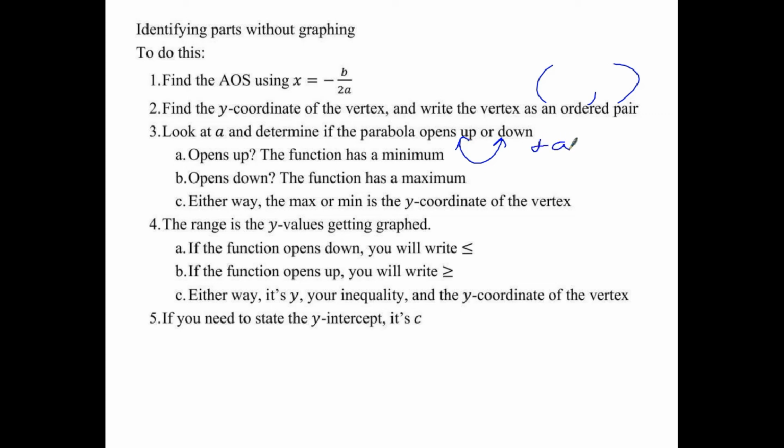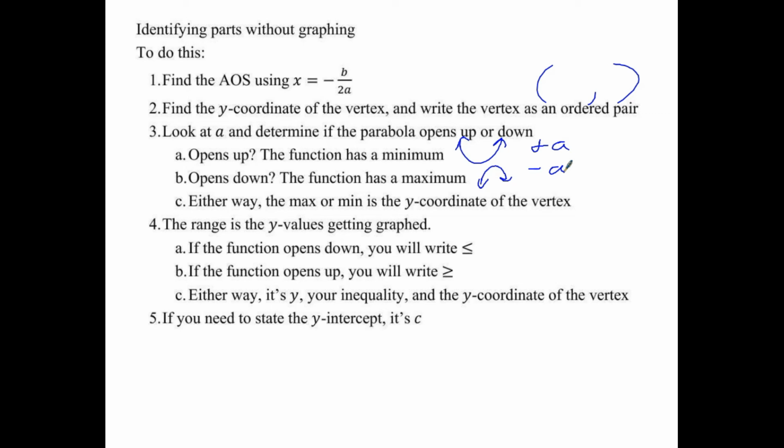Negative a value, the parabola opens down. If the parabola opens up, you have a minimum value. If it opens down, you have a maximum value. Either way, the maximum or minimum value is going to be the y-coordinate of the vertex, okay? Which you already found because you found the vertex.